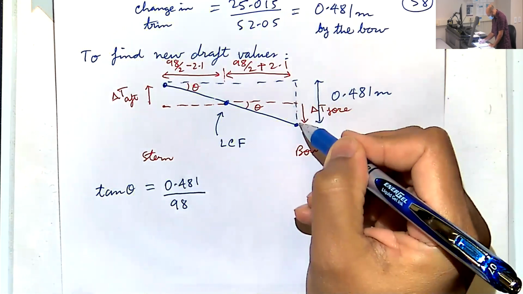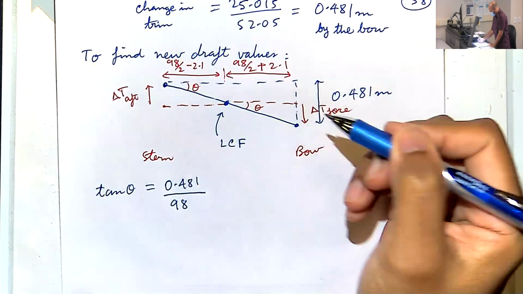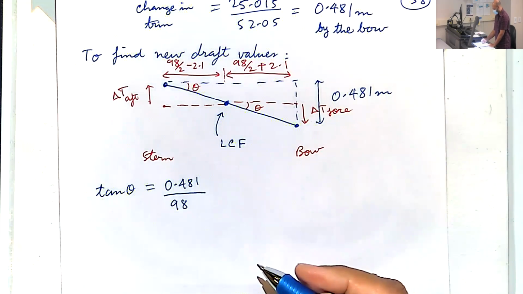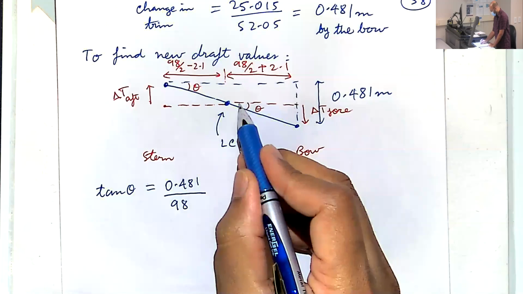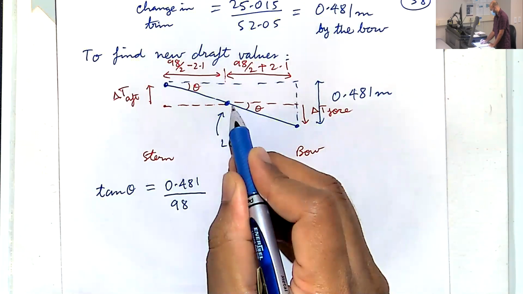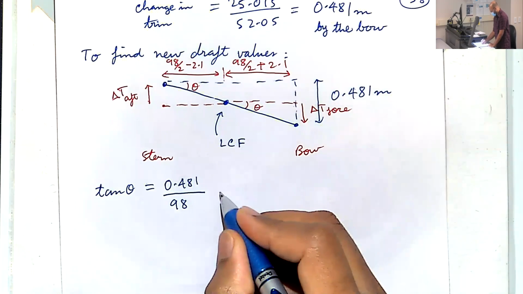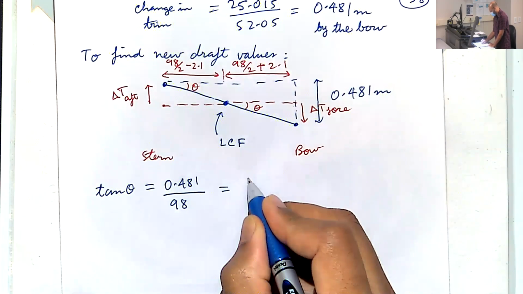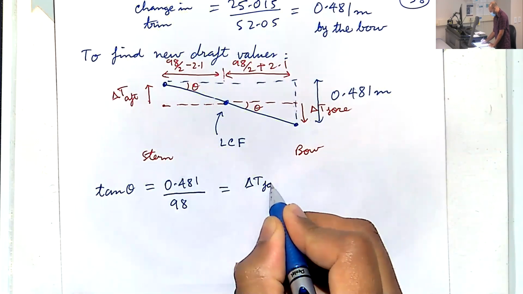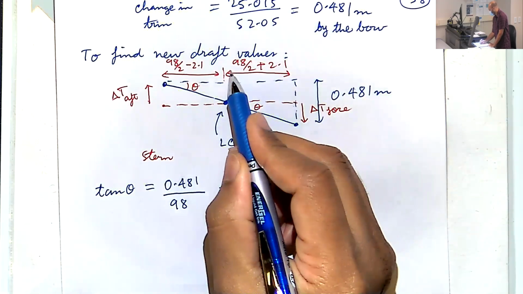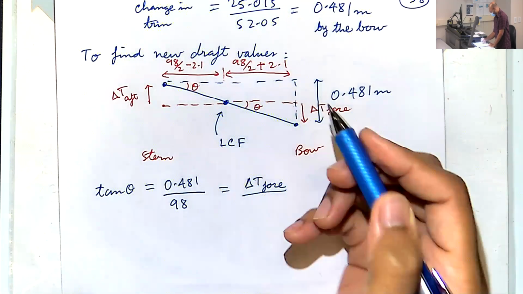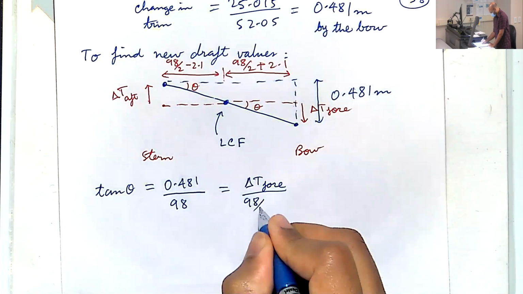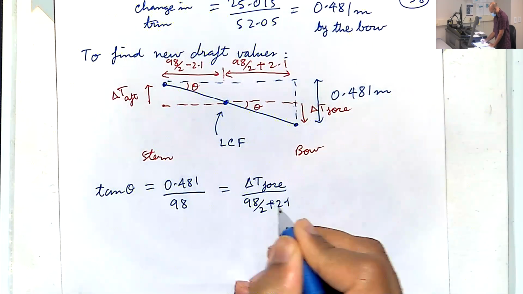The big triangle here. Or another way to express tan of theta is using this small triangle here. So it's also equal to delta T forward divided by this length here, 98 over 2 plus 2.1.